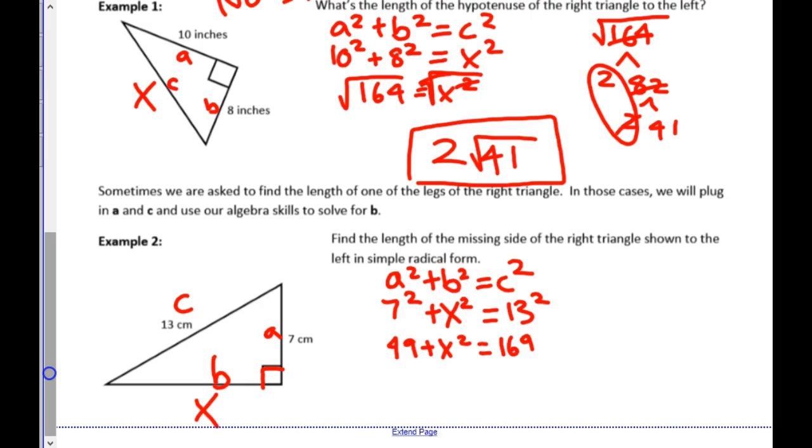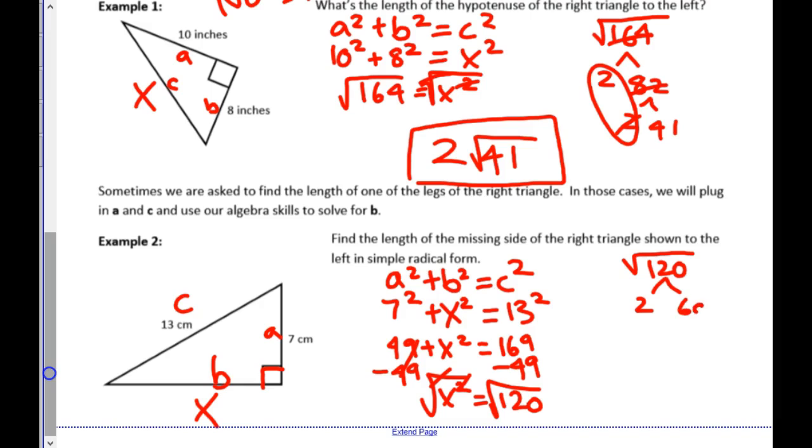To solve for x, before I can get x by itself, I need to get rid of this loner, 49. I subtract it. And I get x squared equals 120. And then to get rid of the square, I square root. And now let's find the square root of 120. 2 times 60. 2 times 30. 2 times 15. 3 times 5.